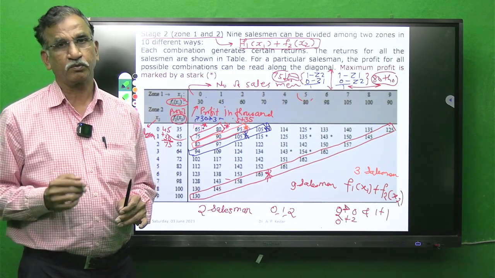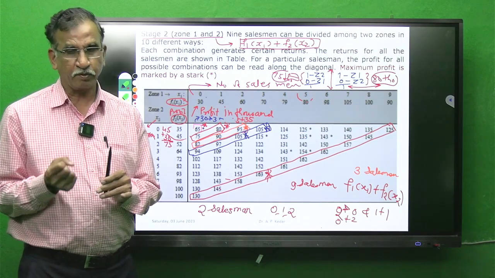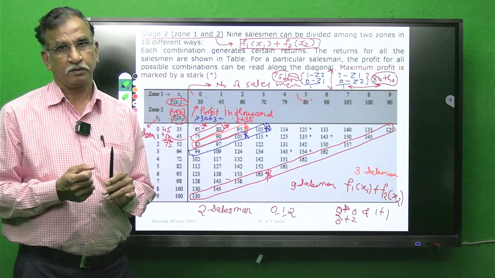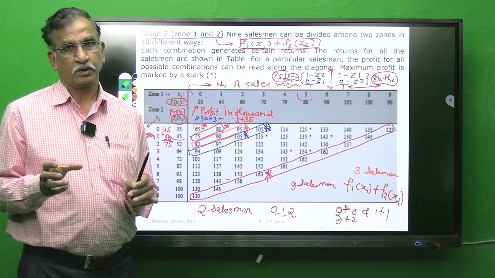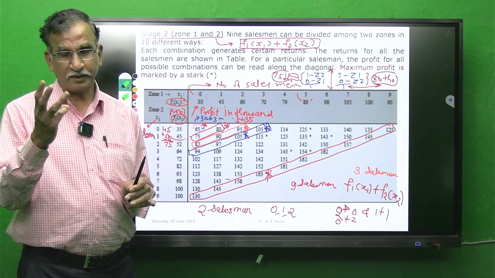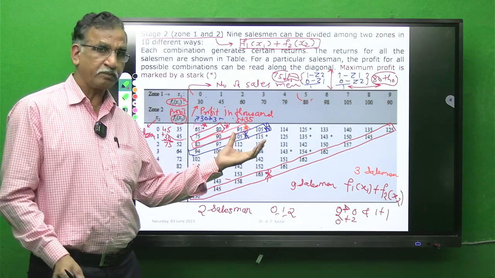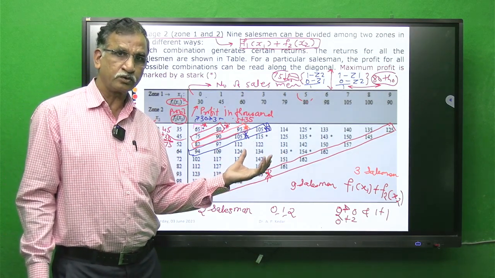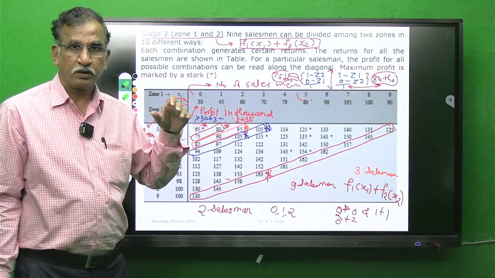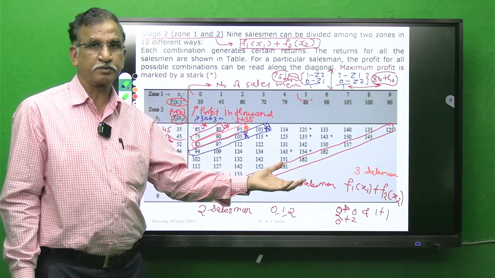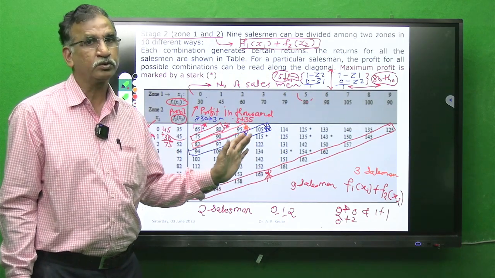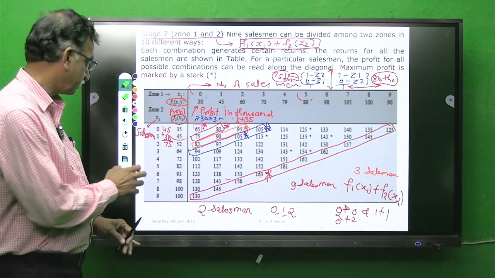In the next table, what will we be finding? The optimum output to be obtained by the combination of total 9 salesmen in such a way that the optimum of zone 1, zone 2 with the number of salesmen for zone 3. How that we'll see now.